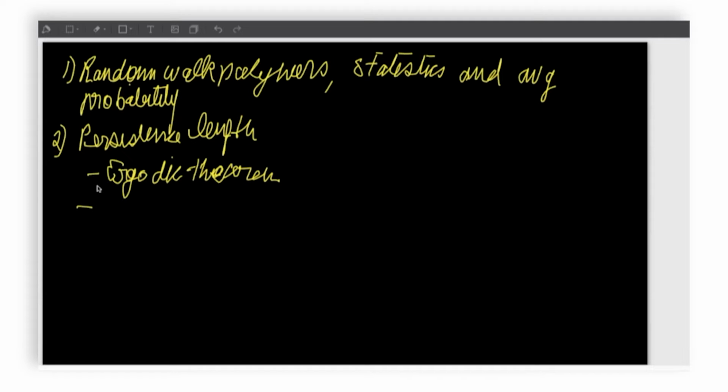And the second thing we also rely on for getting at the persistence length is Boltzmann's postulate, that the time average of an isolated system is the average over all states in the microcanonical ensemble.